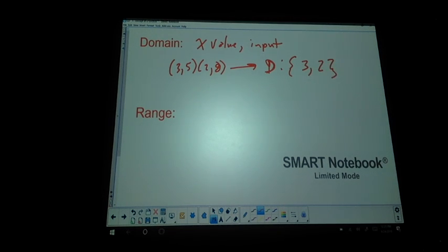Okay, so this case we only have 2 numbers. The range can be called the y values, and also could be the output. So what's the range of our above? What's my range if they are the y values? 5 and 8.